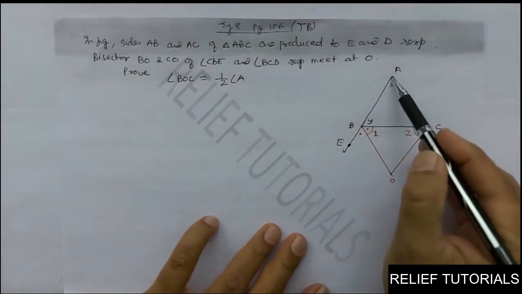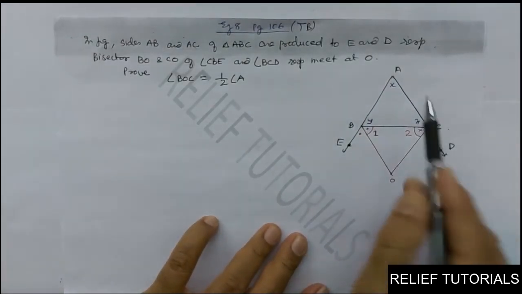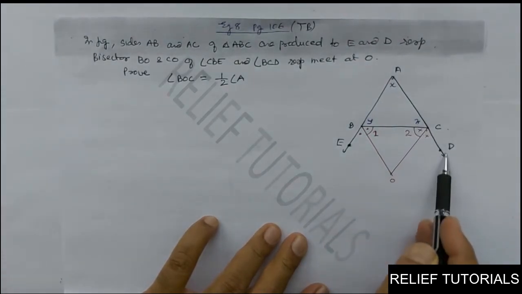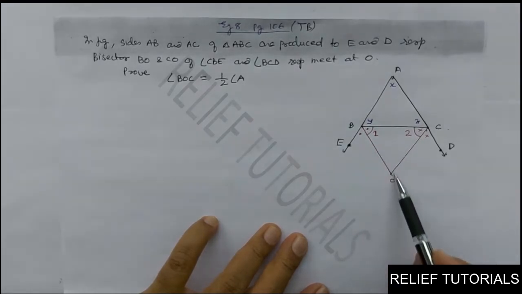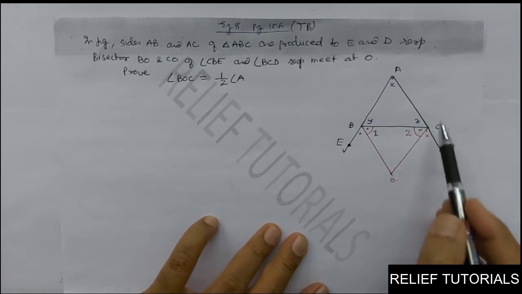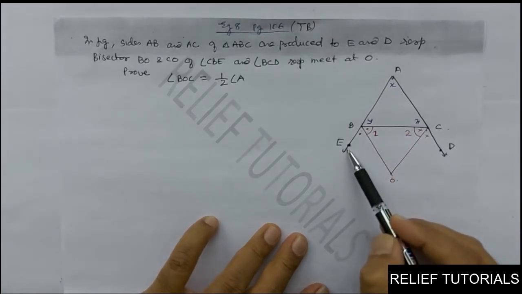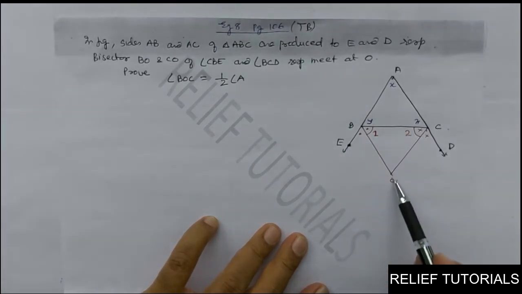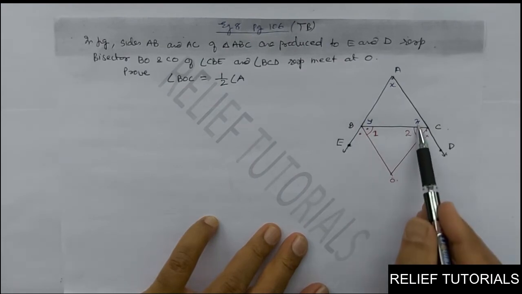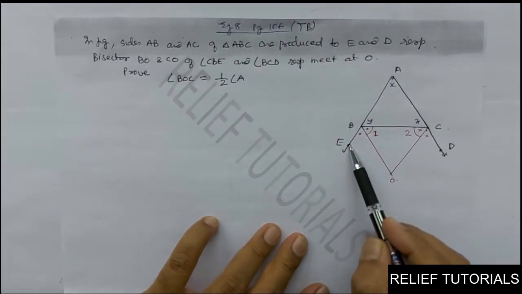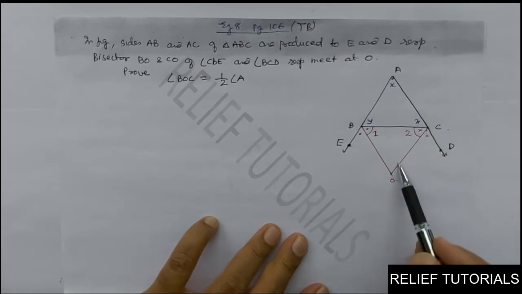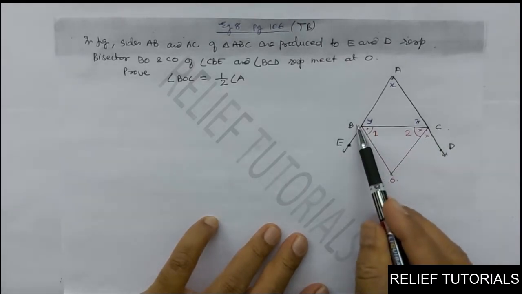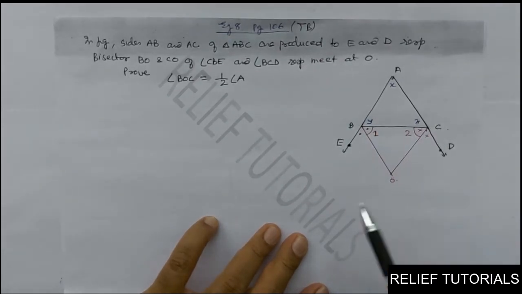In the figure, side AB is produced to E and side AC is produced to D respectively, and BO, see this red color line, BO is the bisector of angle CBE. Have you got it, friends? This red color line BO is the bisector of angle CBE, and this CO is the bisector of angle BCD. I have taken this 1 and 2.